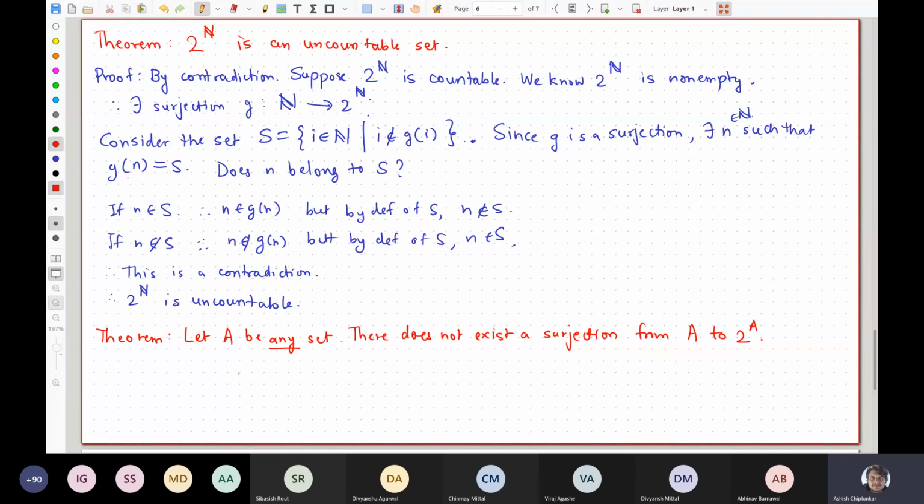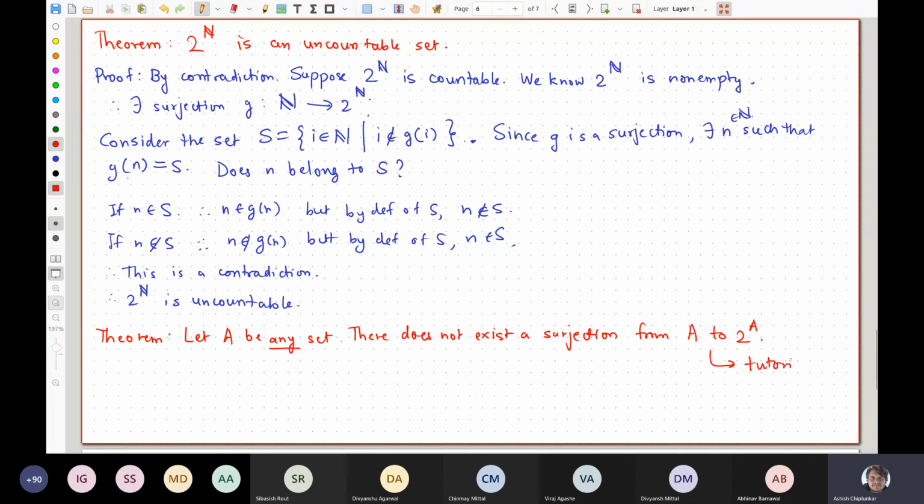Now we are claiming that for any set, you just cannot get a surjection from A to its power set. The idea is still the same. It's just a matter of writing it into a concrete readable proof.